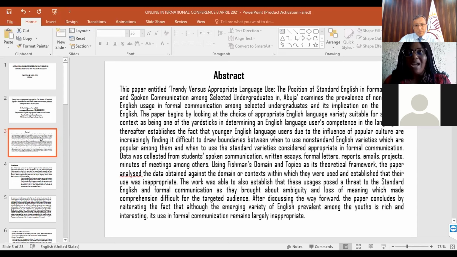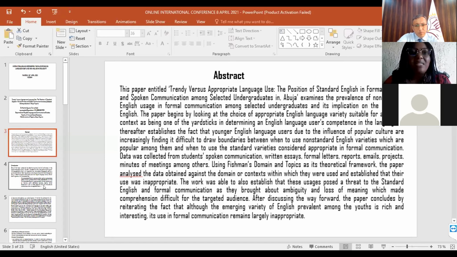Broadly speaking, we have the standard and non-standard varieties, and each of these two broad varieties has a lot of other varieties. The choice of whether standard or non-standard largely depends on what the topic is, the participants involved, the environment or the setting, among other factors.